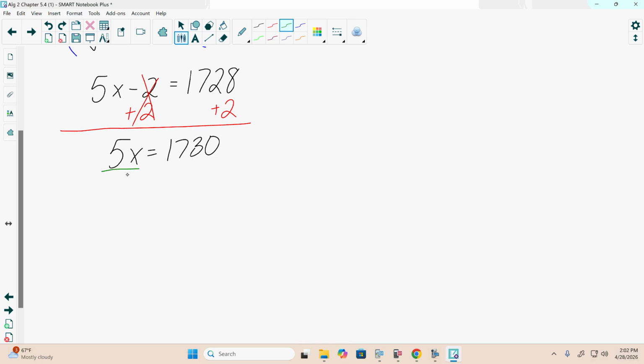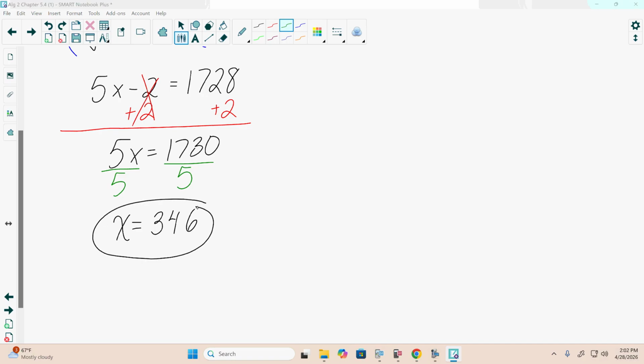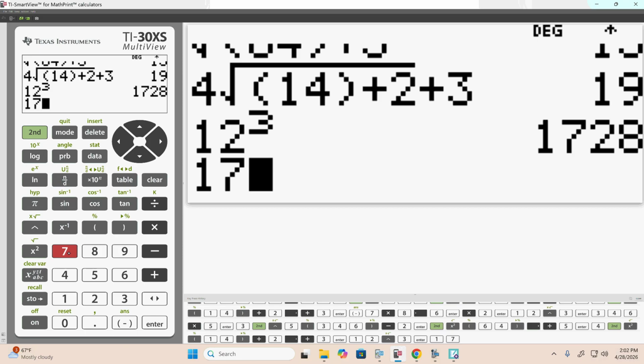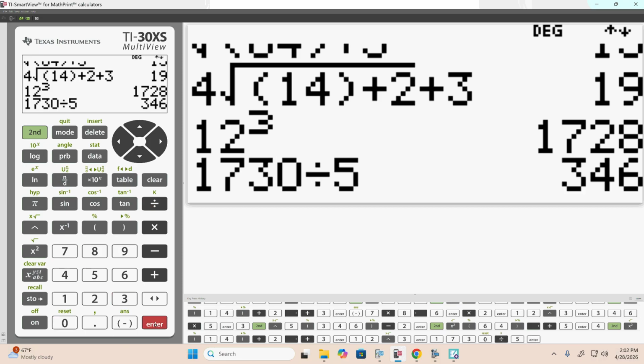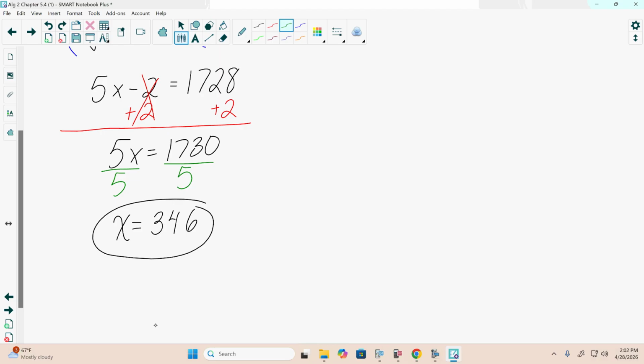Lastly, we would divide by 5. 1,730 divided by 5 is 346. That's it. Questions on this here?